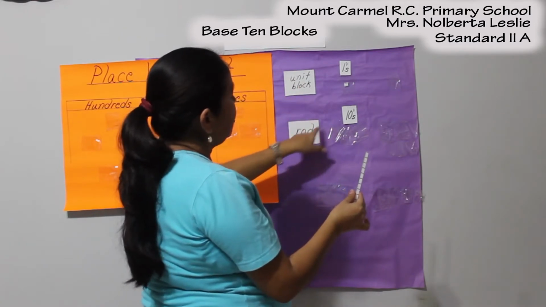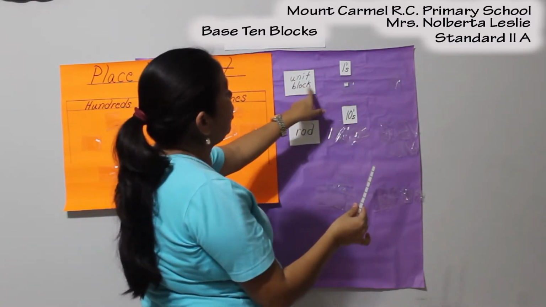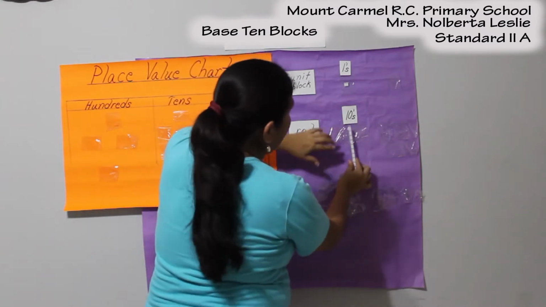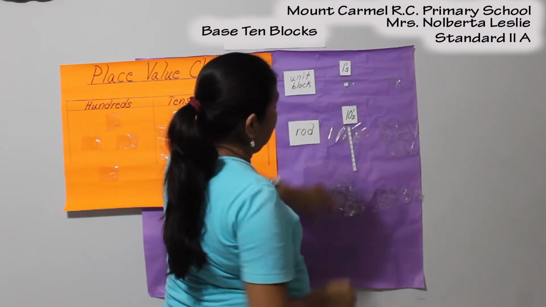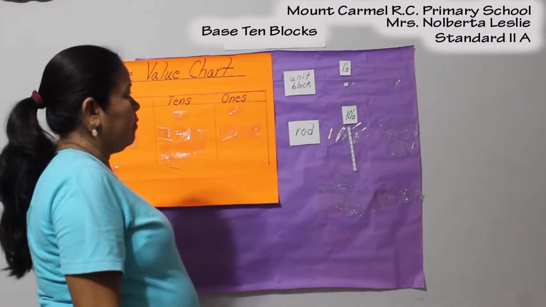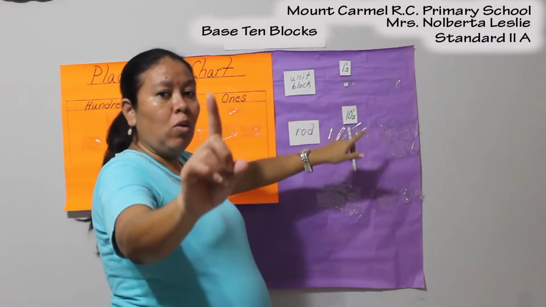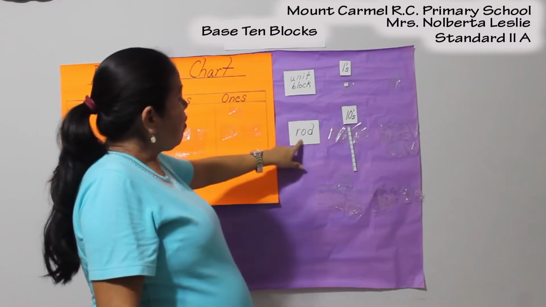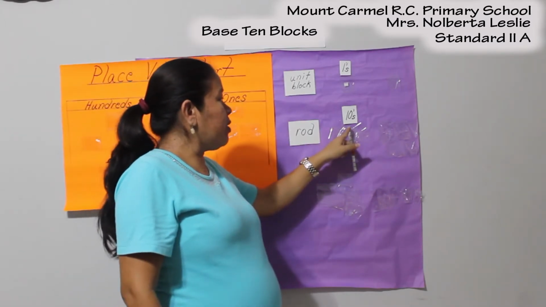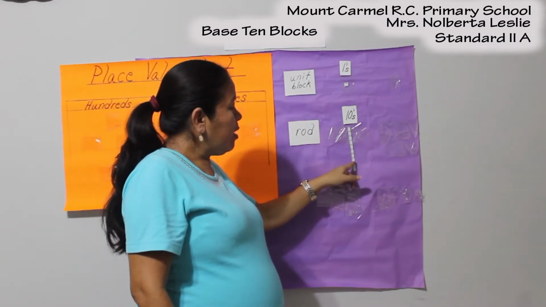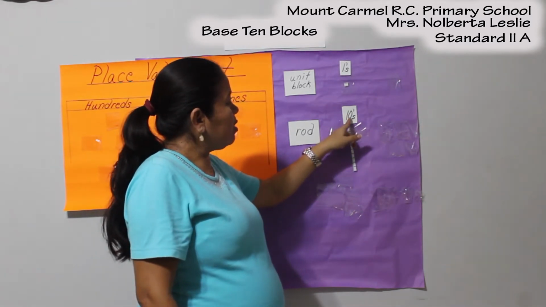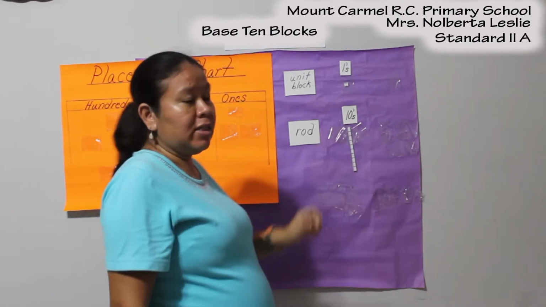So a rod is made up of 10 unit blocks. So here we have a rod. So remember, the first one is a unit block. How much does that represent? 1. Then we have a rod. A rod represents how many parts? 10 unit blocks. So we call that tens.